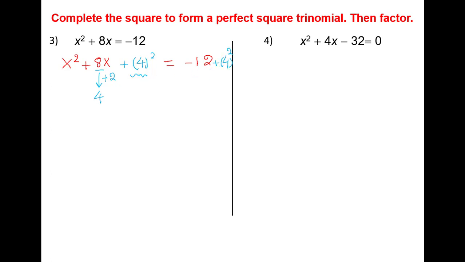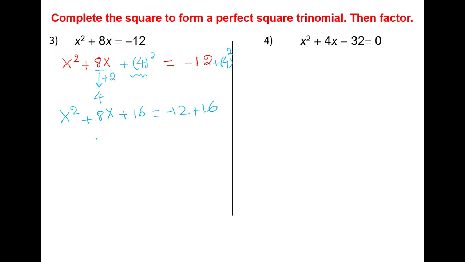Make sure that we added this number. We used it as a way to factor this equation, but we added it ourselves. So as soon as we added it here before the equal sign, we must add it again after the equal sign. Then my equation will look like this: x squared plus 8x plus 16 equals negative 12 plus 16.